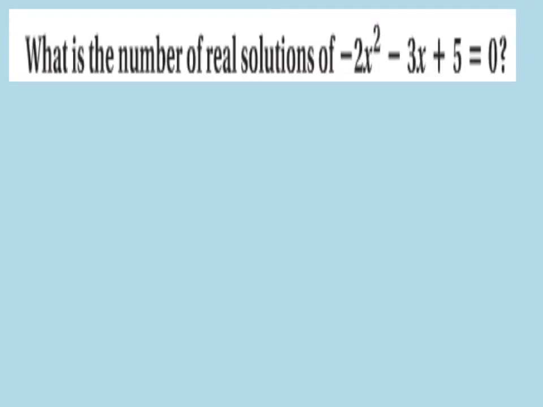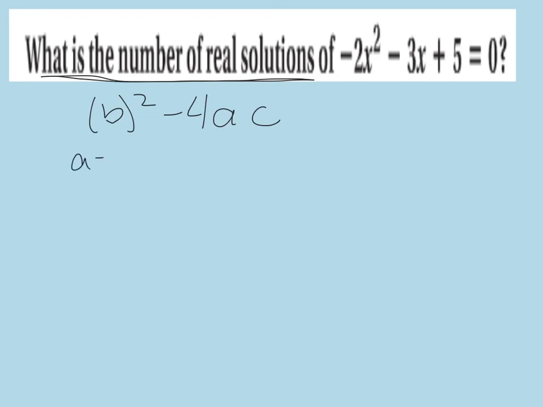So it says, what is the number of real solutions that you have? So, first thing, when I'm asking a question about solutions, I'm just dealing with my discriminant, which is my b squared minus 4ac, because that will tell me how many solutions I have. I'm looking at this problem. a is equal to -2, b is equal to -3, and c is equal to 5.